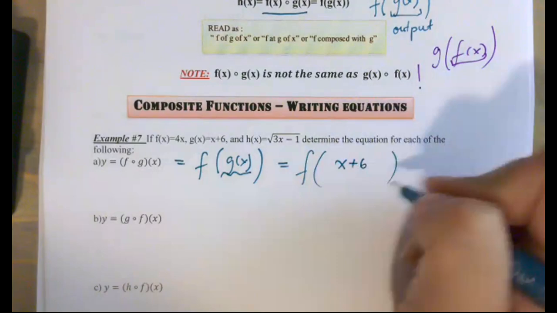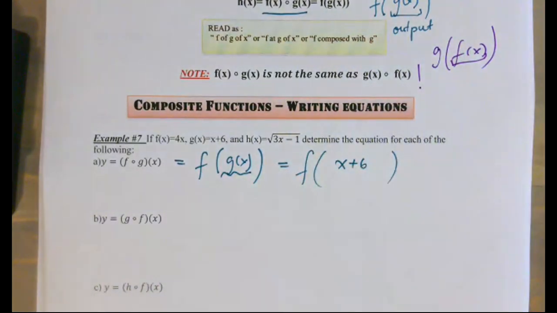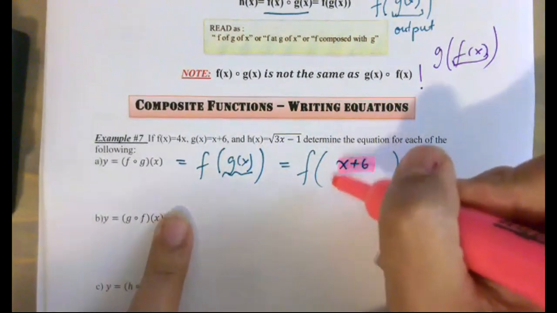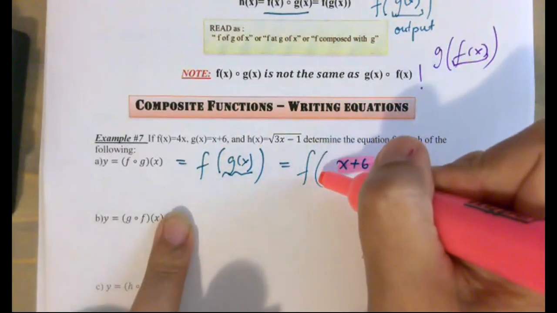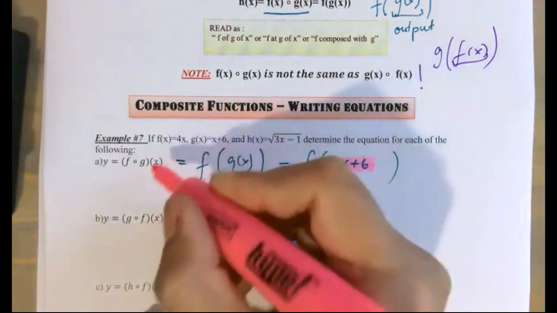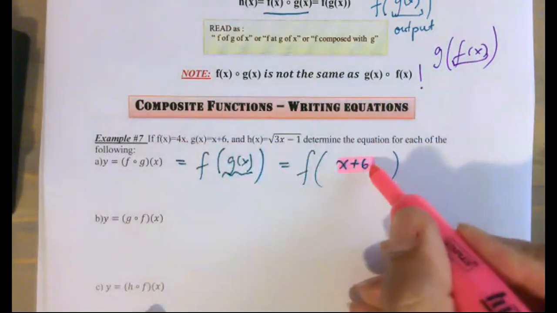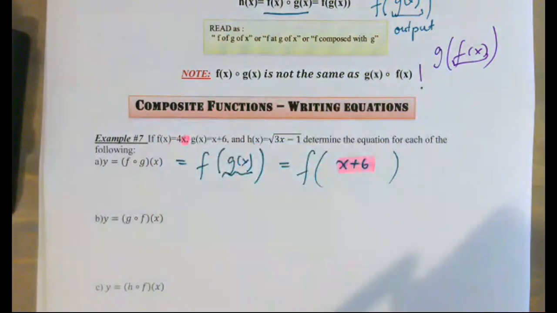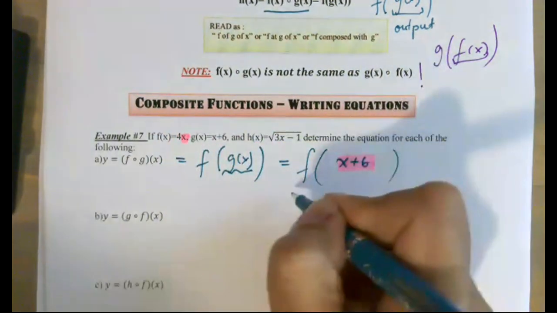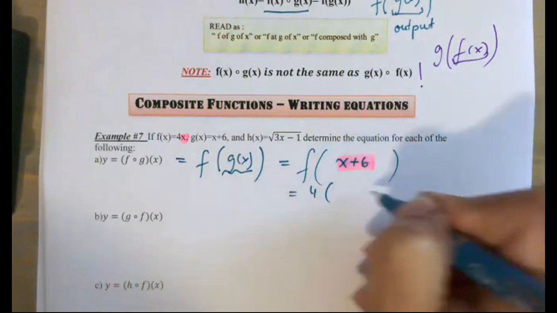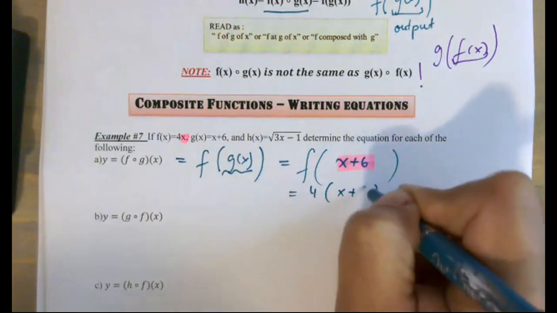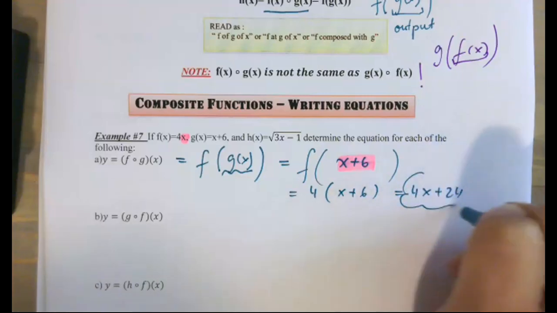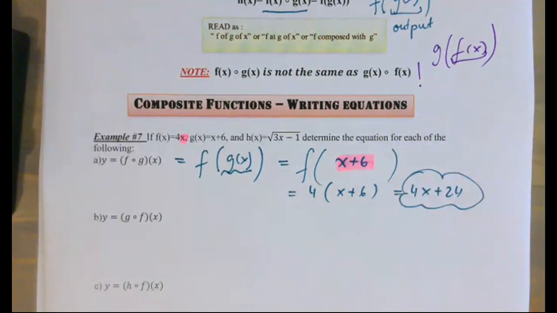And now you're going to think of this input, the x plus 6, as instead of everywhere you see x's in the function f of x, you replace this x with x plus 6. So you're going to replace here x plus 6. 4 times x plus 6, so it's 4x plus 24. Done.